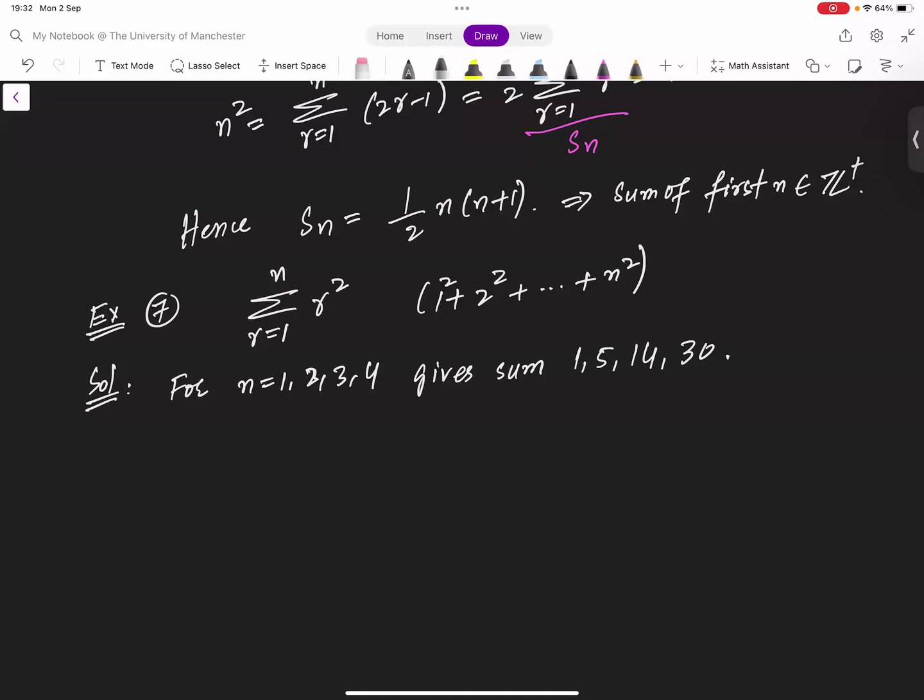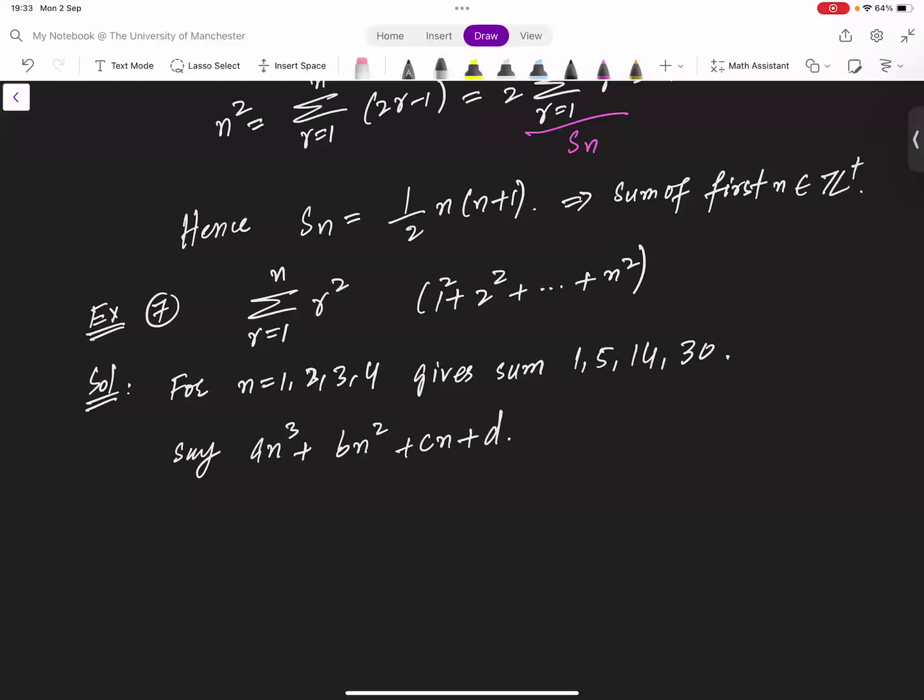So more intelligence is required. The sum we are trying to find is the sum of n terms of quadratic nature. So it seems reasonable to look for a formula for the sum which is cubic in n, say a n cubed plus b n squared plus c n plus d.